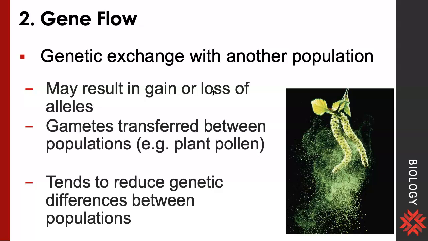Well, then on top of that, rather than entire organisms coming and going, you can also have gametes that flow from one population to another. So if you think of plant pollen, the plant pollen or the sperm is going to blow to a new population, and that's going to introduce different alleles or changes in allele frequencies to the other population that it blows into.